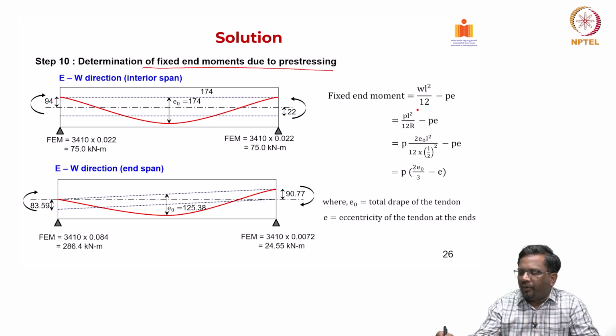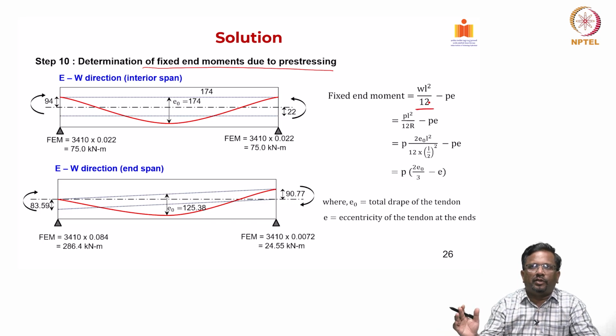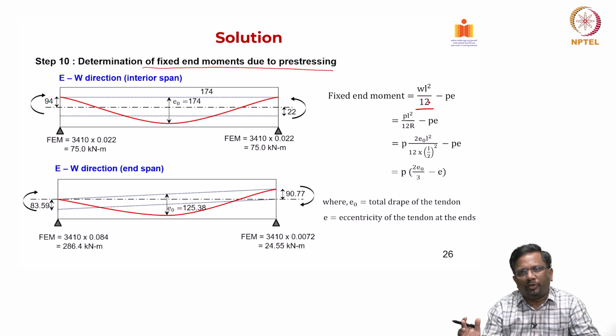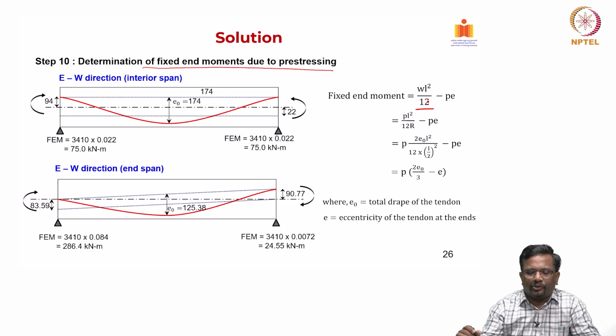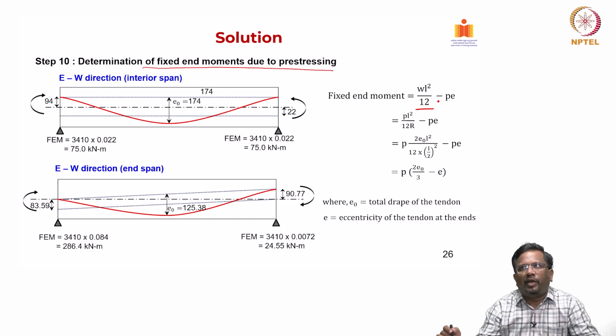Now, we know that when you have a slab which is subjected to uniformly distributed load, the fixed end moment is going to be WL square by 12. The signs will change, plus or minus, depending upon which direction you are looking at, right. In addition to that, I also have some primary moments due to pre-stressing acting at those end points. So, we are subtracting: WL square by 12 minus P into E is your fixed end moment.